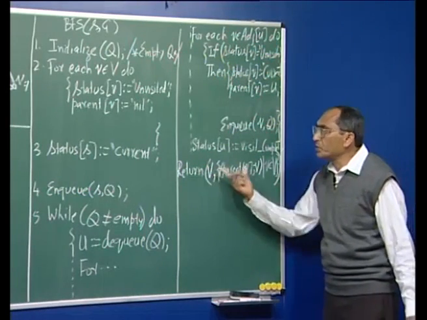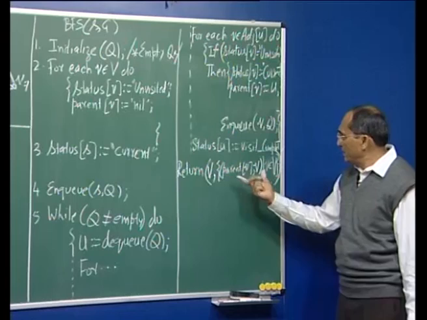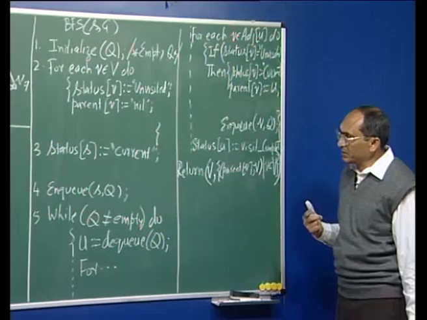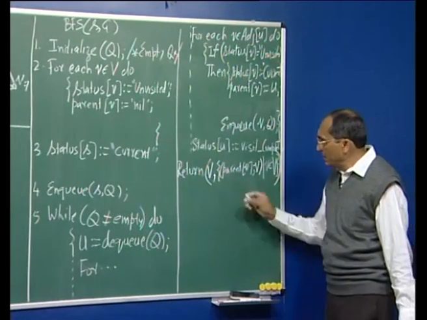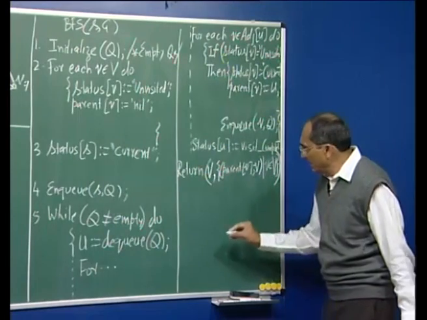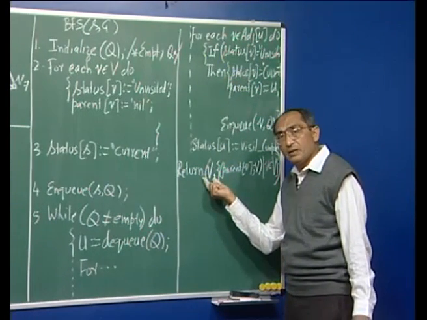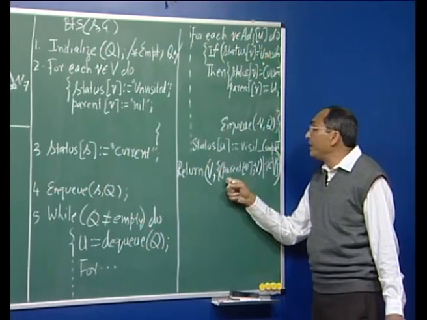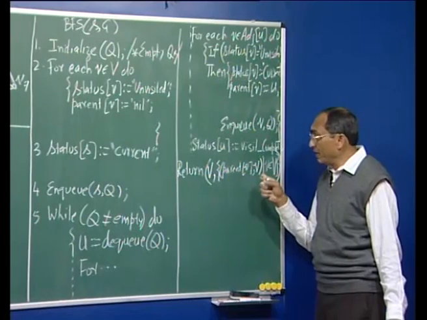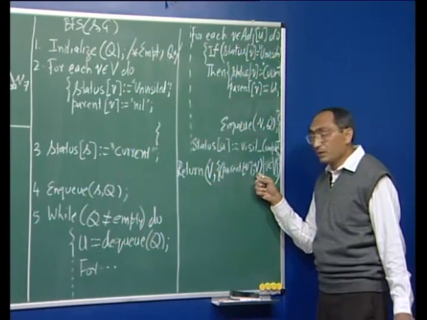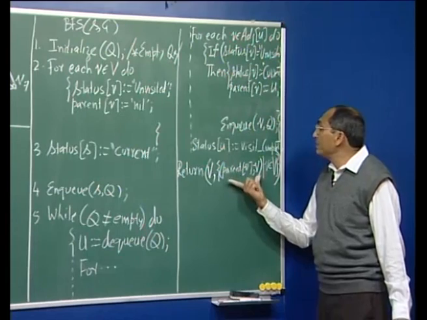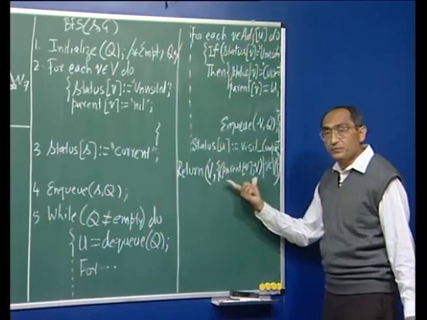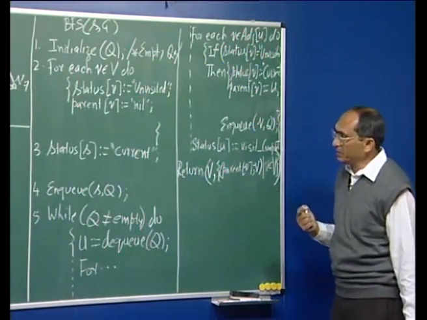And then later on I will show you that we are going to get a spanning tree from this, which is actually the shortest path tree of S, and this spanning tree is the following. It consists of all the vertices of our original graph, and the edges in it are the following: for every vertex v and its parent, such pairs will constitute the edges of this graph, which we will show later on to be a tree.